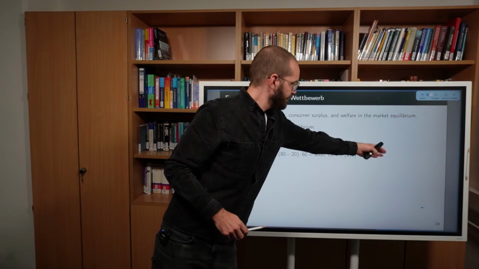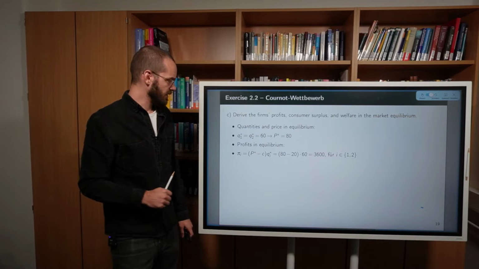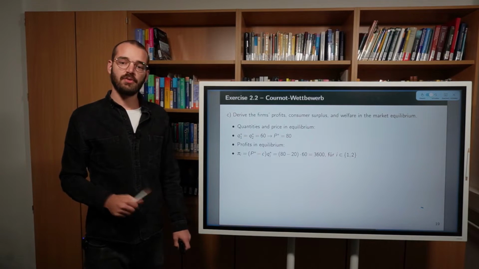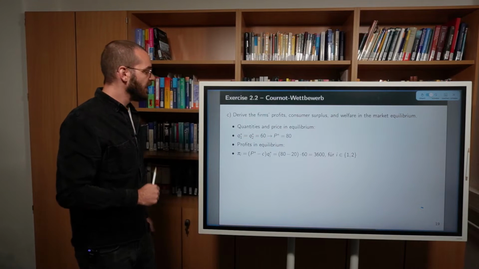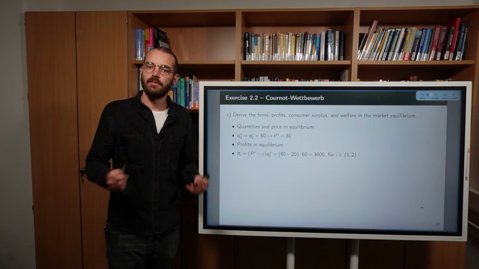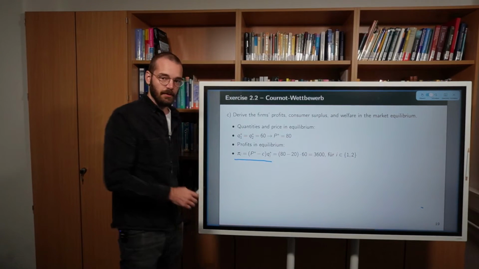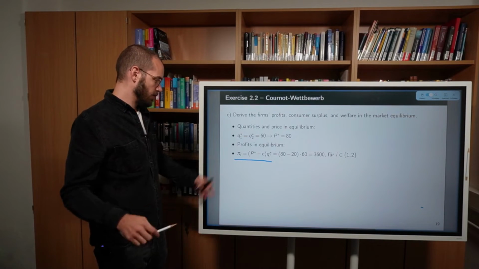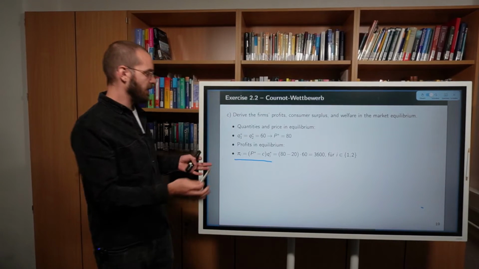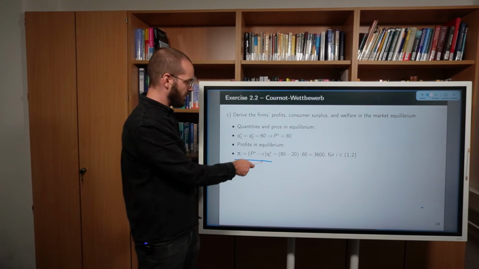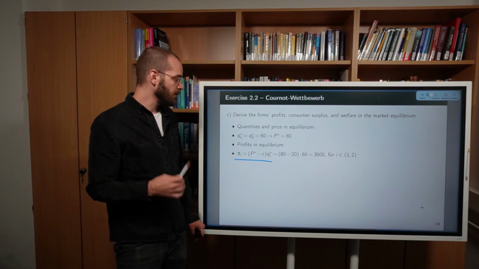Now, knowing the equilibrium quantity of each firm and knowing the equilibrium price on the market, we can calculate the individual firm's profits as well. We already know this profit function from the very beginning of this exercise: profits are the market price minus the marginal costs, all in brackets, multiplied with the individual firm's equilibrium quantity.